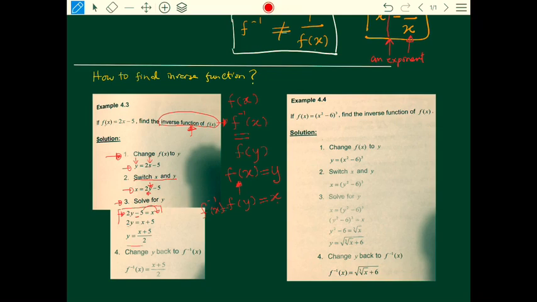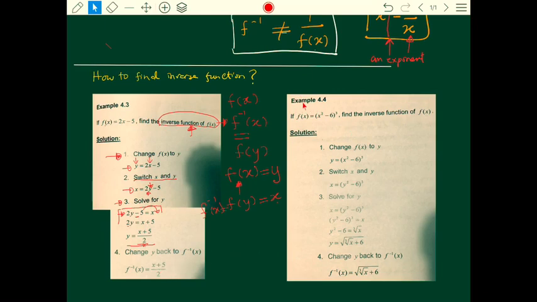So our final y value is equal to (x plus 5) over 2. And the last step, we need to change the y back to f inverse. Just change the y here into the correct notation of f inverse. That's all. Very simple.